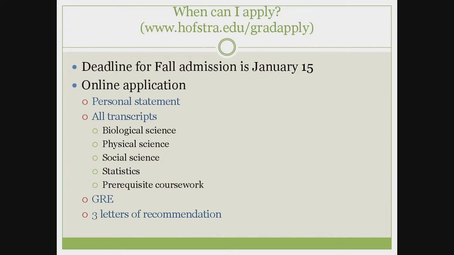On your transcripts, you should have a course in biology and a physical science. This was actually just changed a month or so ago, 2 months ago. Your physical science must be a chemistry or physics course.